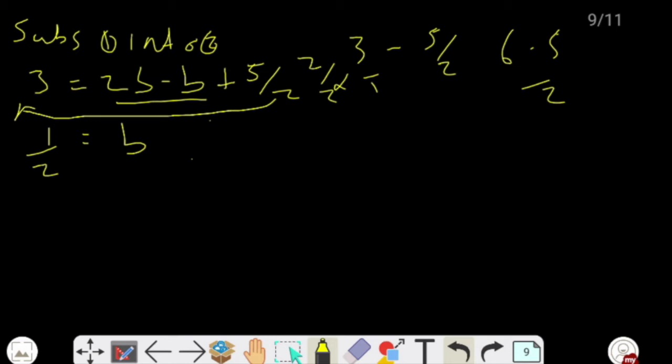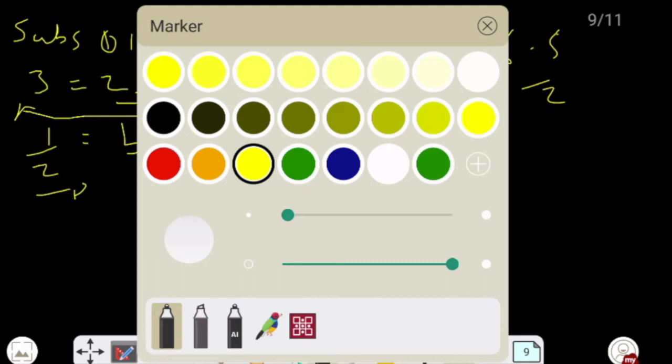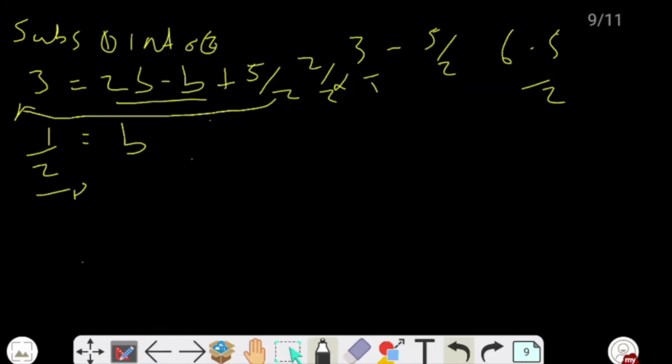Now that we have found the value for b, let's get the value for our next variable, which is c. Remember, in one of the equations, c was equal to minus b plus 5 over 2.